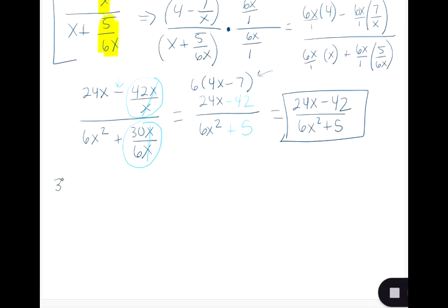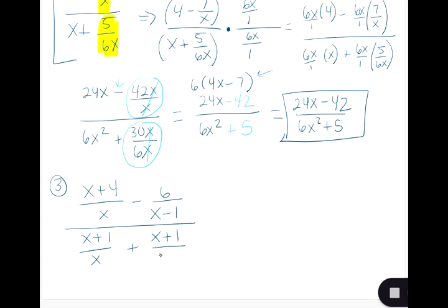So for another example, we'll say number 3, I have x plus 4 over x minus 6 over x minus 1, all over x plus 1 over x plus x plus 1 over x minus 1. So this one is considerably more nasty, right?